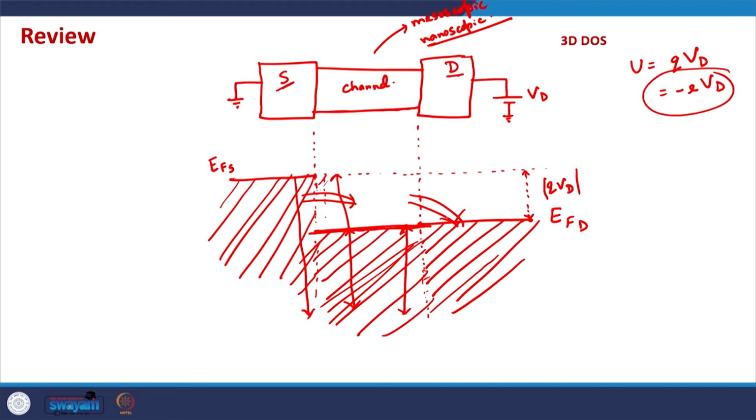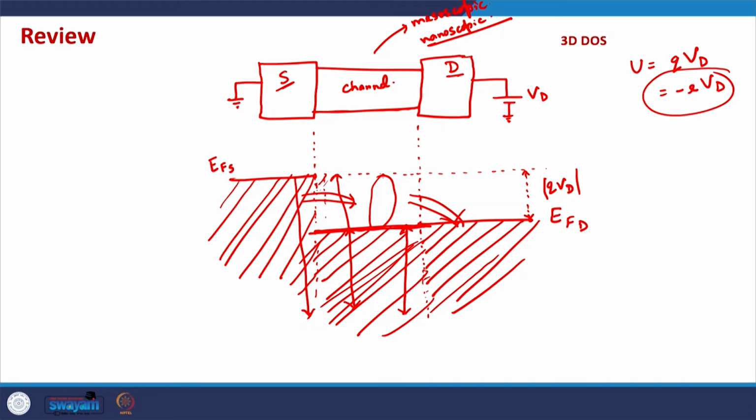Drain terminal will try to extract the electrons from the channel in this range, because it will try to make sure that only states up to this level are filled. So there is a sort of competition between the source terminal and the drain terminal, in which the source is trying to fill the states, the drain is trying to drain out electrons from them, and that is how the conduction takes place. Okay.